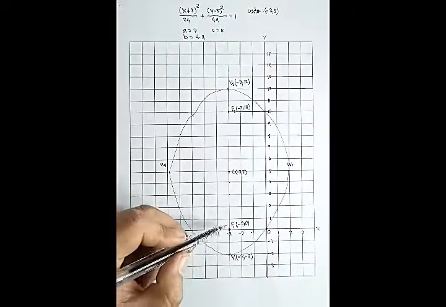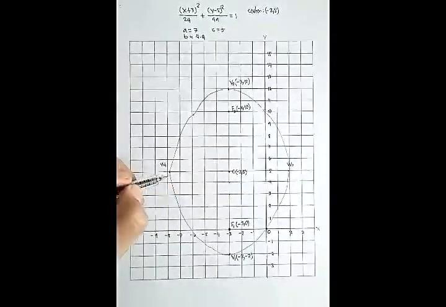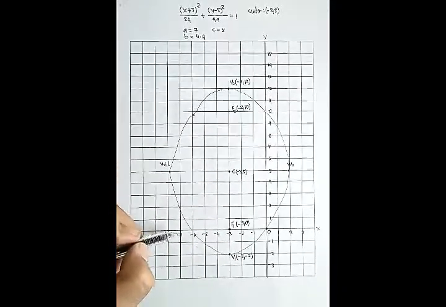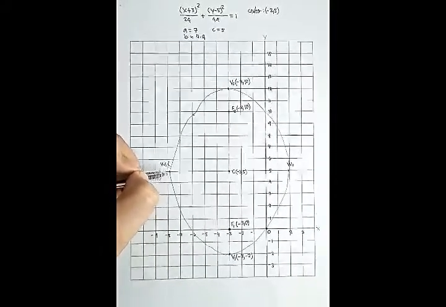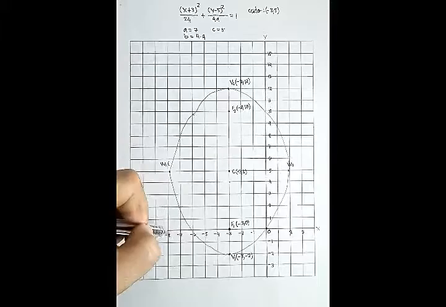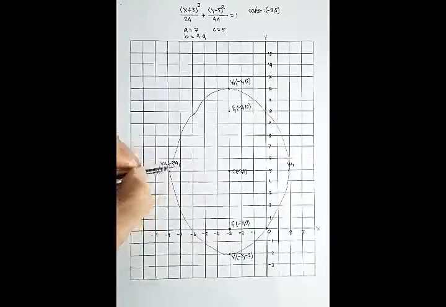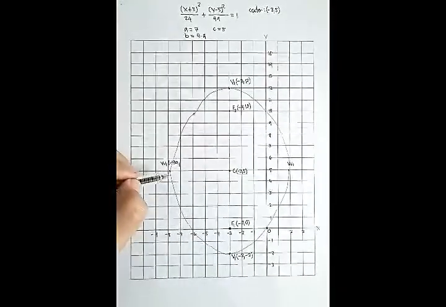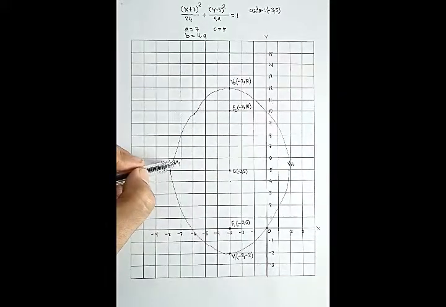So natay V1, F1, C the center, F2 and V2. How about katong W1, atong co-vertex 1? So along the x-axis it is duol na siya sa 8, or it is at -7.9. Okay. So 7.9 because the radius is 0.9 from here.